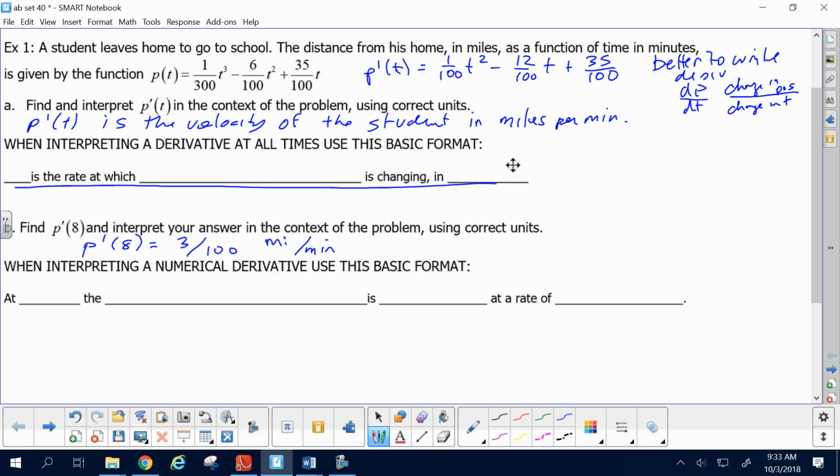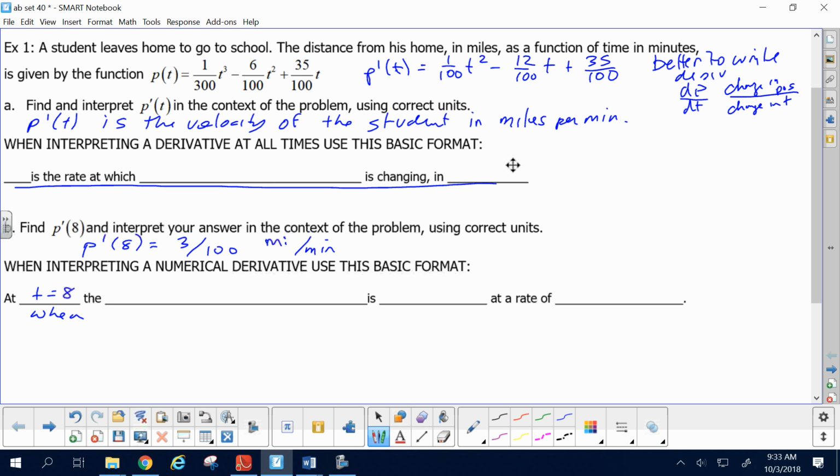Okay, miles per minute. Now when you're interpreting a numerical derivative using this basic format, at first say when. At time equal 8. You don't just start saying it's the velocity, but you start by saying it's at a certain point.